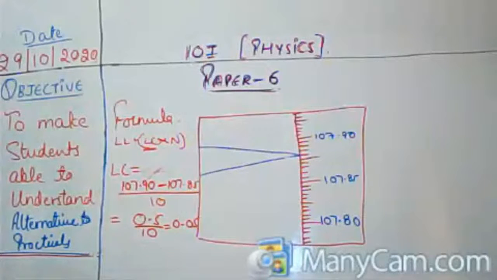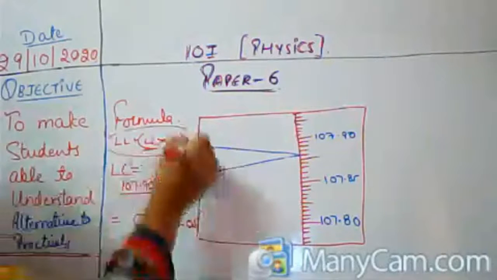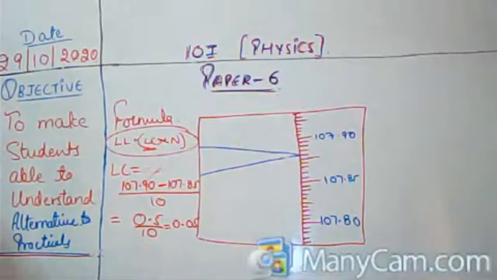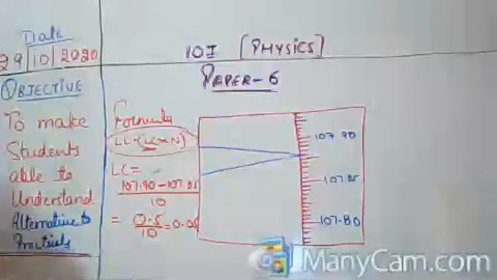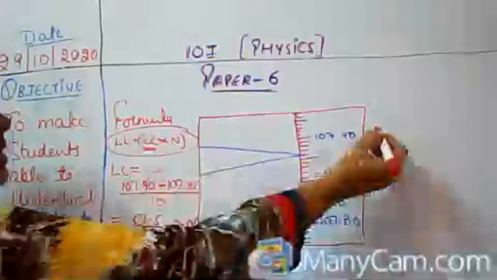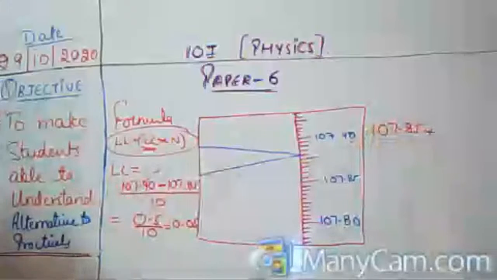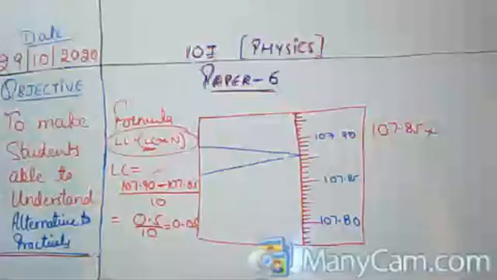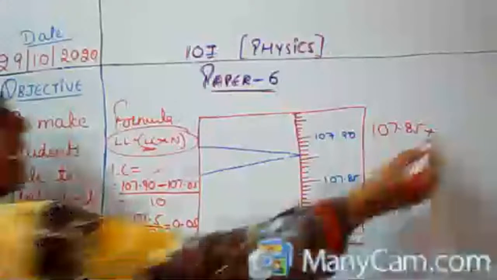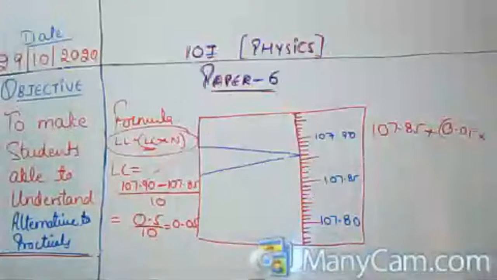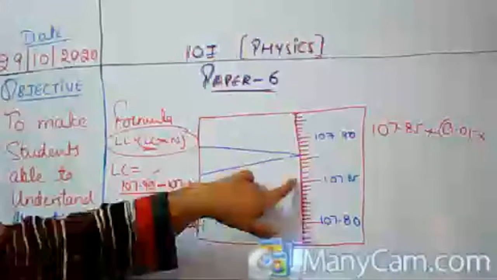Now just put the values in this formula and you will be getting your answer. The answer is going to be all yours. Fine. So least count we got. Next is put it in the formula and get it. So lower limit is 107.85 plus least count 0.05 multiplied by the number line: 1, 2, 3, 4, 5, 6.